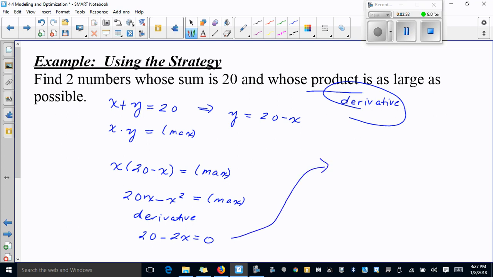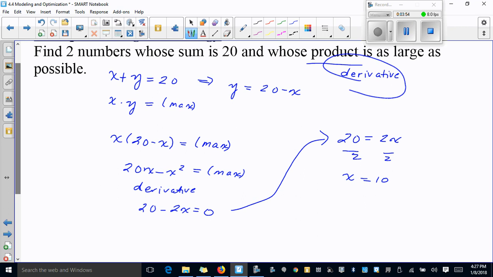I'm going to move the 2x to the other side, so I get 20 equals 2x. Divide both sides by 2, and we get x equals 10. And if x equals 10, then we can go back to find y. y is going to be 20 minus 10, so y also is equal to 10.